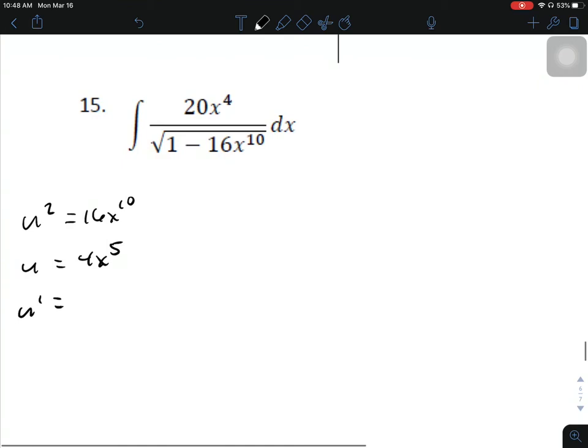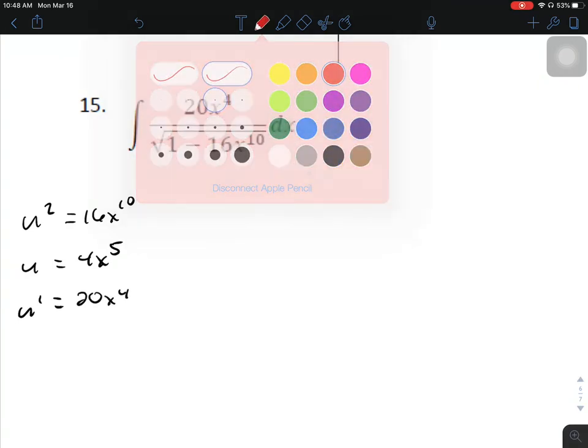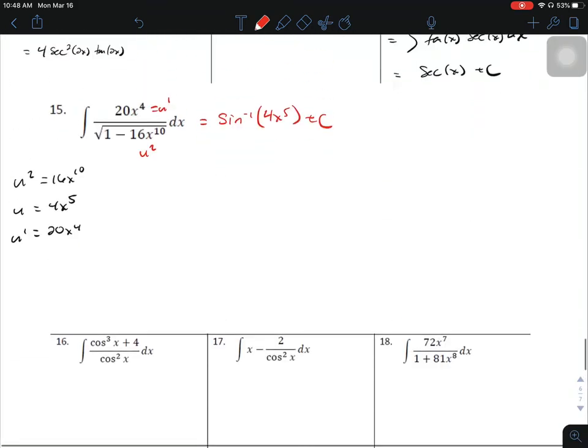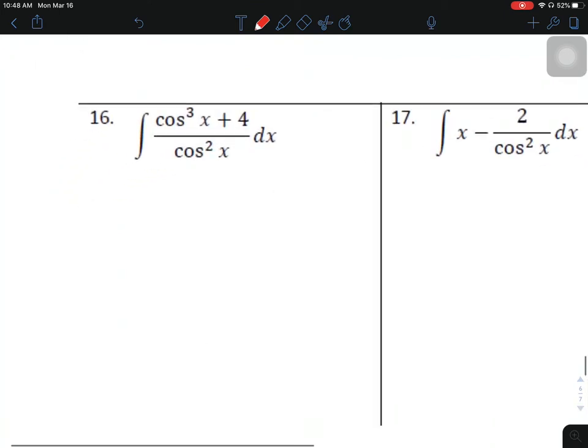That would make u prime 20x to the 4th. Look, it all matches up. This is u prime, this is u squared. So this is sine inverse. Our angle is u, which is 4x to the 5th, plus your arbitrary constant. Yahtzee. Good thing I gave you lots of room for that one.